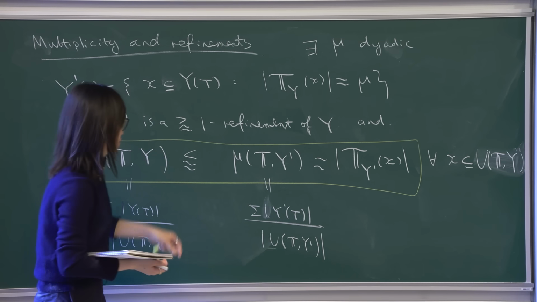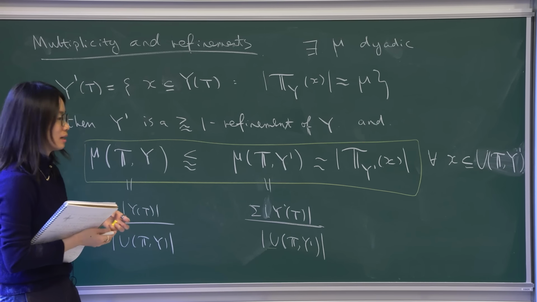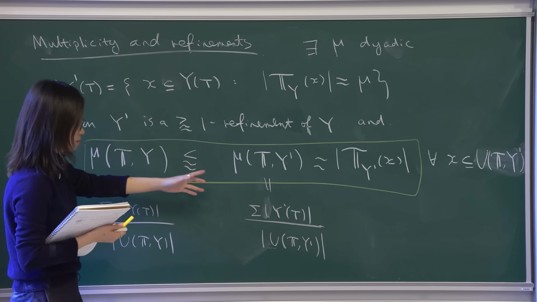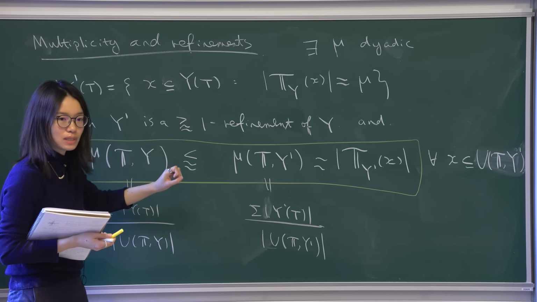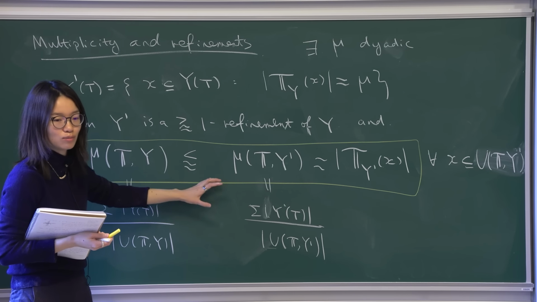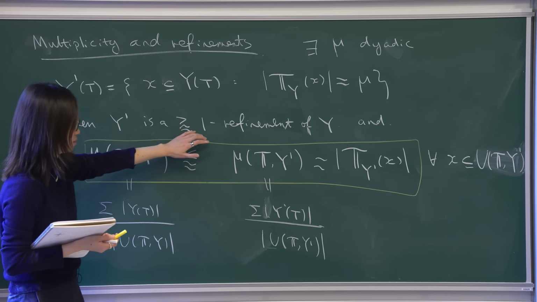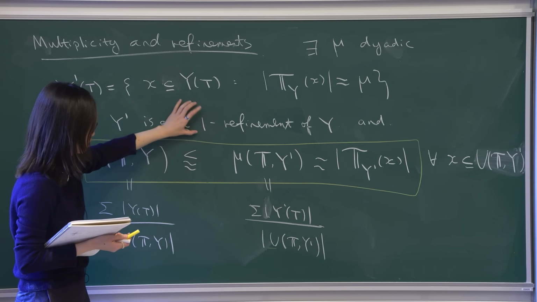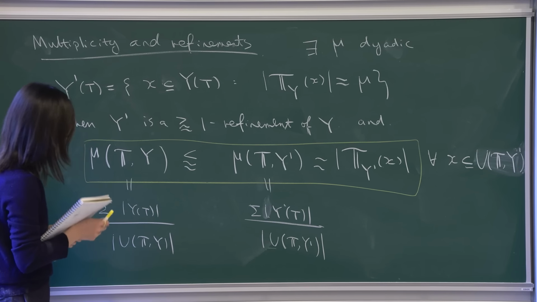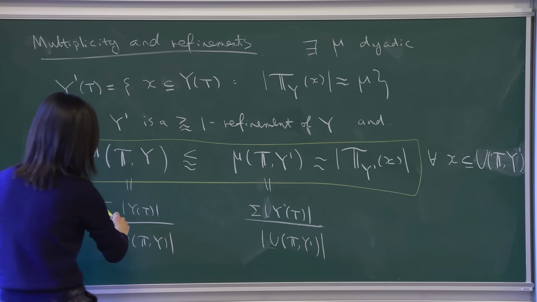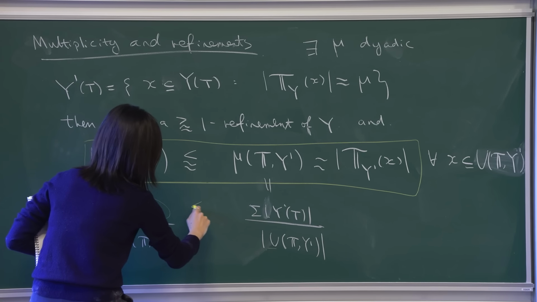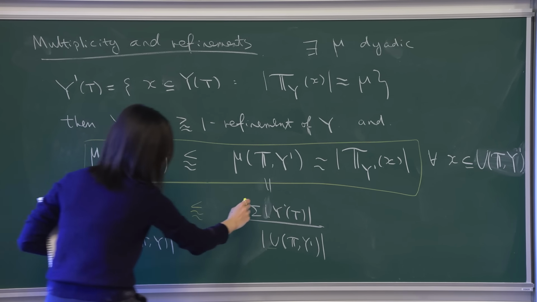For the first inequality, you might ask why the multiplicity in some sense increases after refinement. Heuristically, it should decrease. But the point is that it is a very mild refinement, roughly one refinement. Then this is less than some log delta times this term.